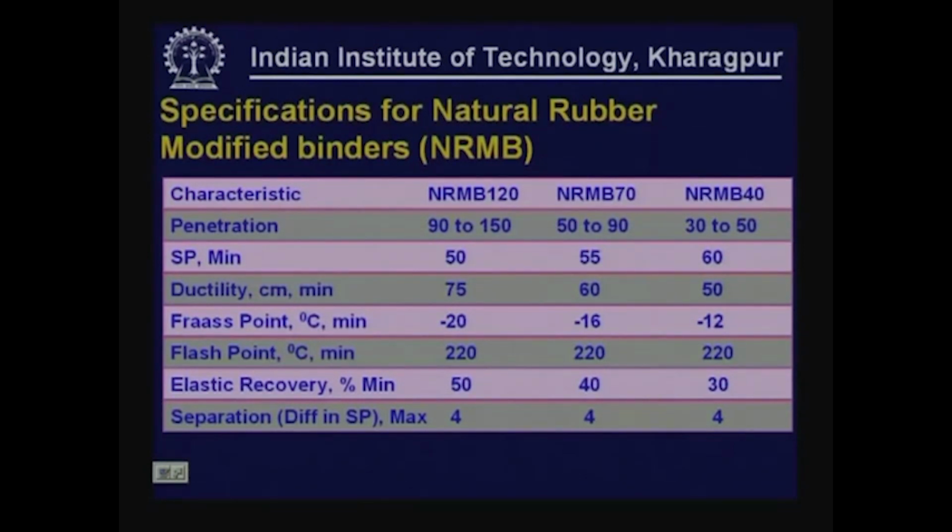Softening point minimum is 50, 55, 60. Fraass breaking point minus 20, minus 16, minus 12. Ductility 75, 60, 50. Elastic recovery 50, 40, 30. We are requiring much lesser elastic recovery. In this case, the separation difference is a maximum of 4 for all these binders.